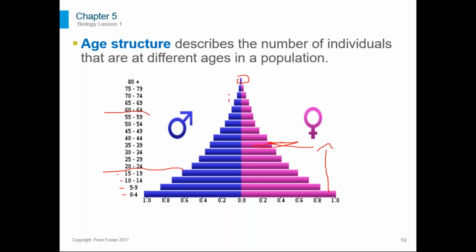And then as these elderly people get older and die, then the middle-aged one will fill in. So it always just kind of moves upward as time goes by. So again, in this population, these large groups of young people will eventually be filling in the top of the graph, making it bigger, and then they will be having their own children that fill in the bottom of the graph.